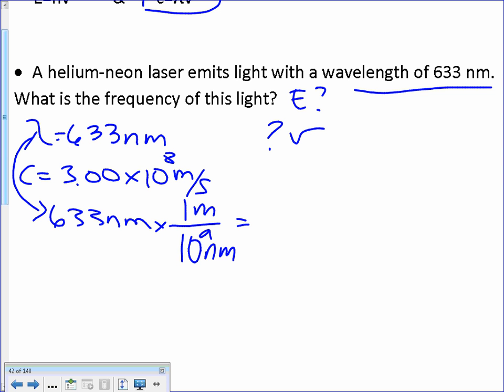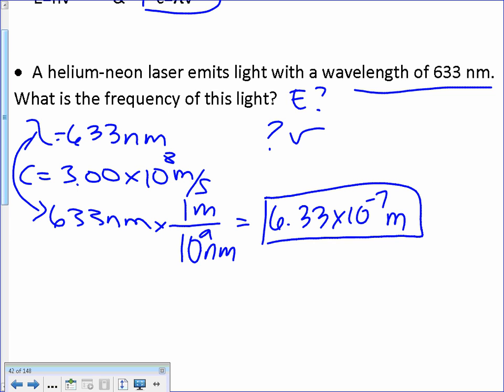And if you're trying to figure out how to do this in your head, you're probably just going to go, all right, got to move the decimal back 9 places. Well, that means it is going to be 6.33 times 10 to the negative 7, because you're moving it back 7. I always do scientific notation because this would be ridiculous to write in non-scientific notation. So 6.33 times 10 to the negative 7 meters is our wavelength.